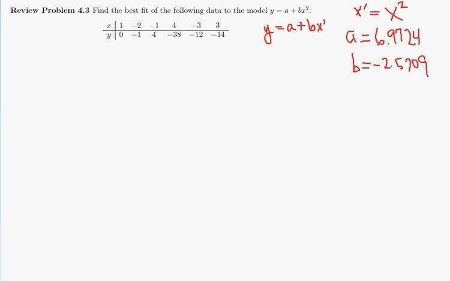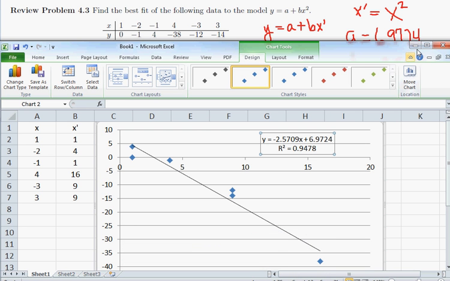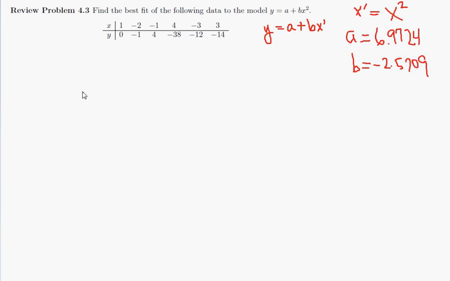Okay, so that's the linear fit for the model. Make sure I got the numbers right. Okay, it looks good. And so therefore the fit would be simply y is equal to 6.9724 minus 2.5709 times x squared.